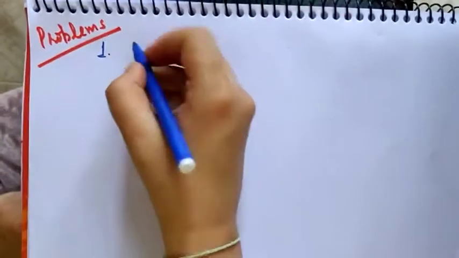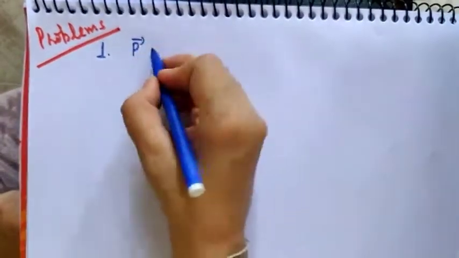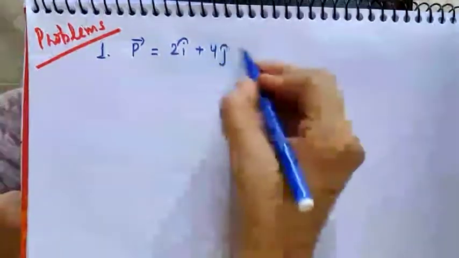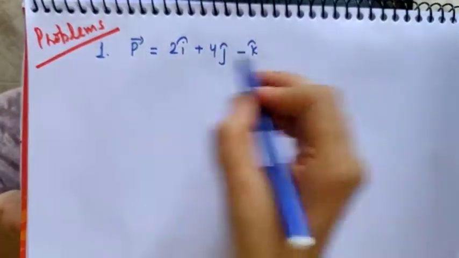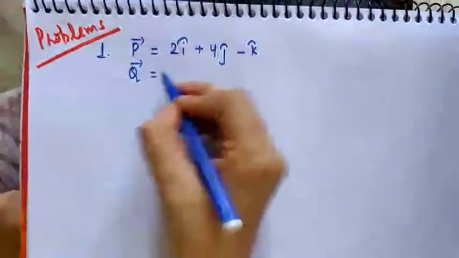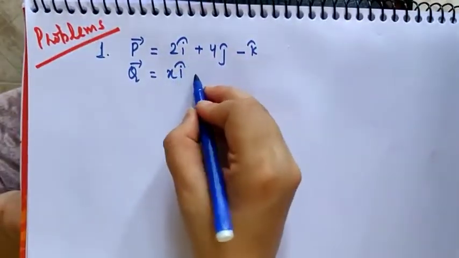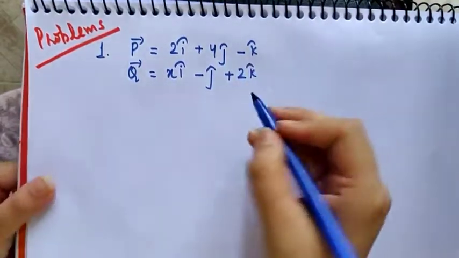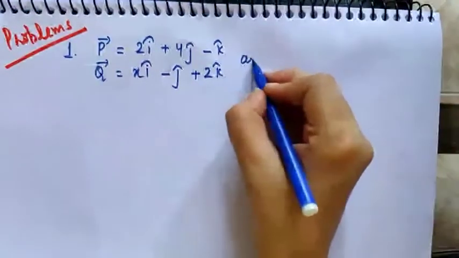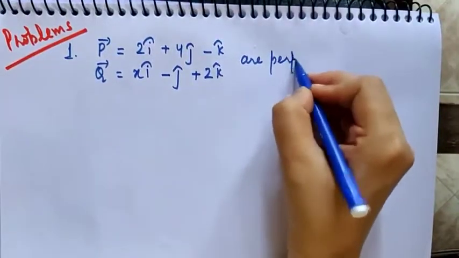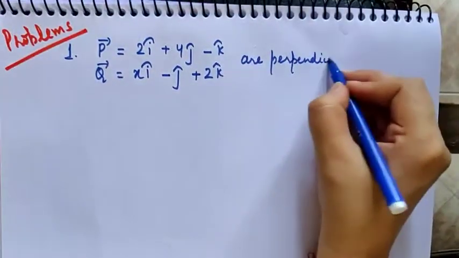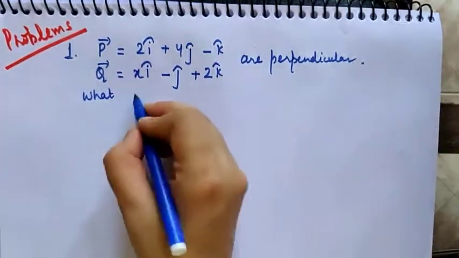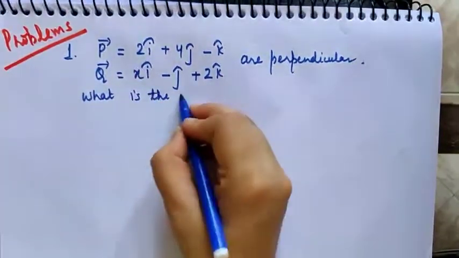Suppose they are saying P vector, which is 2i cap plus 4j cap minus k cap, and Q vector, which is xi cap minus j cap plus 2k cap. They are saying they are perpendicular to each other. What is the value of x?